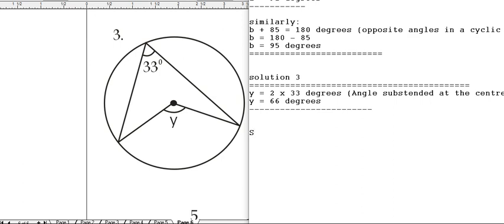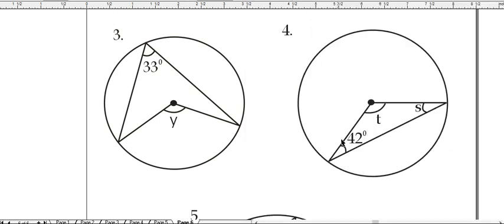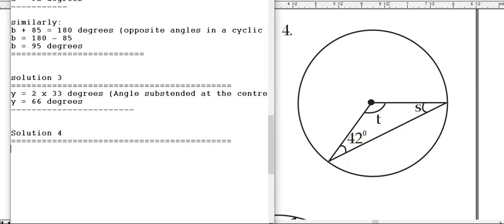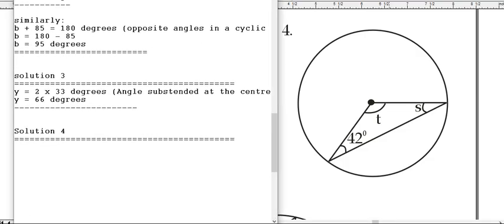So let's go to solution 4. Question 4 says, look at it by the side. This is angles subtended by 2 radii in a circle.